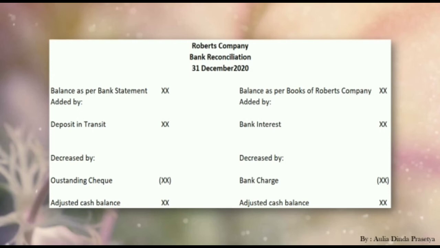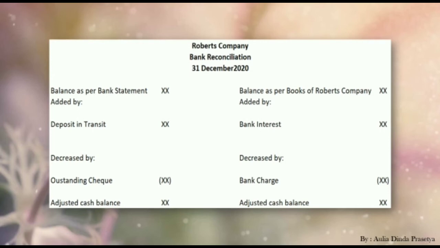And then the amount that decreased bank balance is outstanding check. It is when the company issued check. Company has already recorded in their book, but bank not yet recorded because bank will know how much check issued by the company only when the receiver withdraw the money from bank.